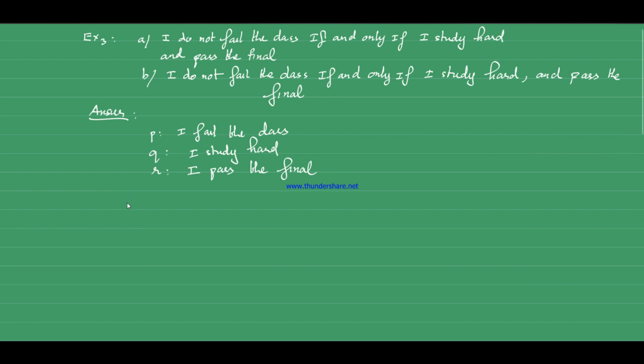So I do not fail the class is going to be the negation of P, if and only if, and this whole thing over here goes together because there's no comma: Q and R. There you go. Something like that. It should be like that.